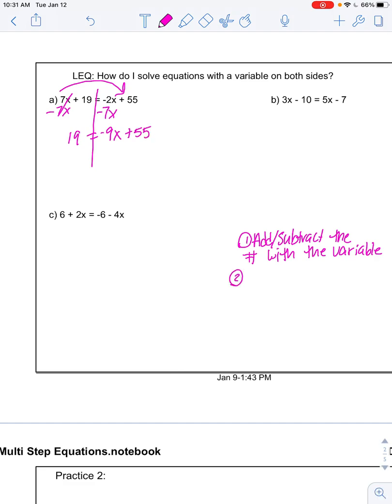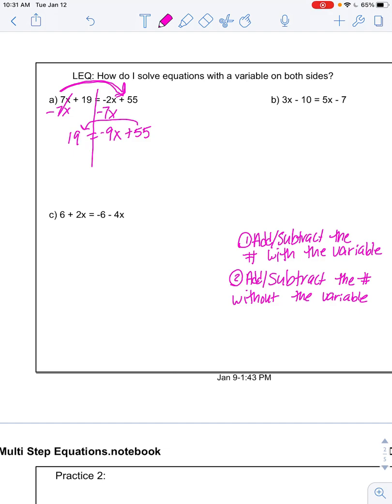Now my second step is going to be add or subtract the number without the variable. Since I went from left to right the first time, I need to go from right to left the second time. So it's like a ping pong game.